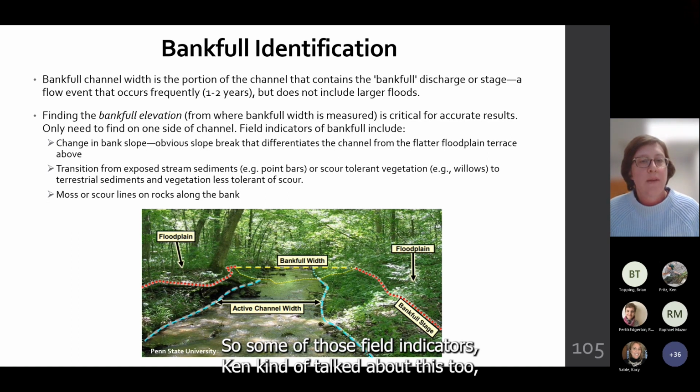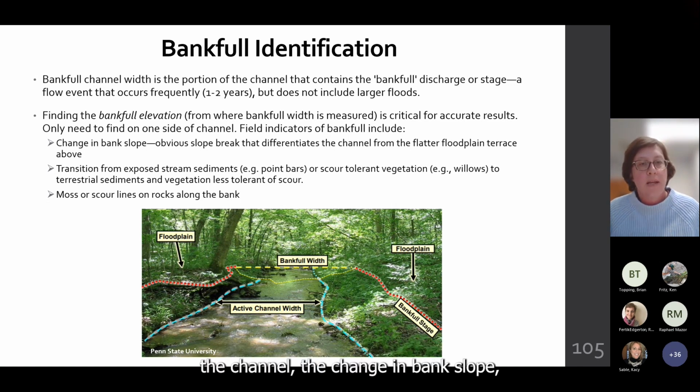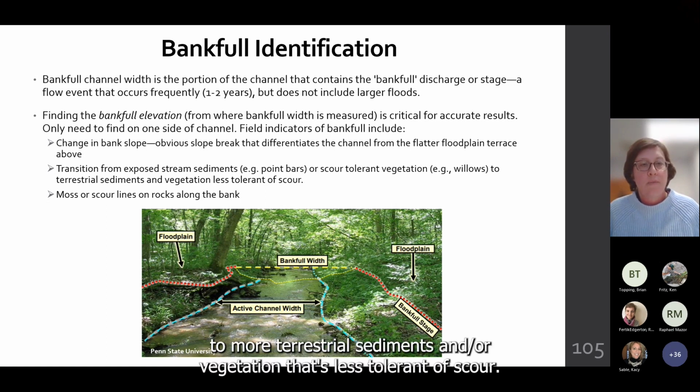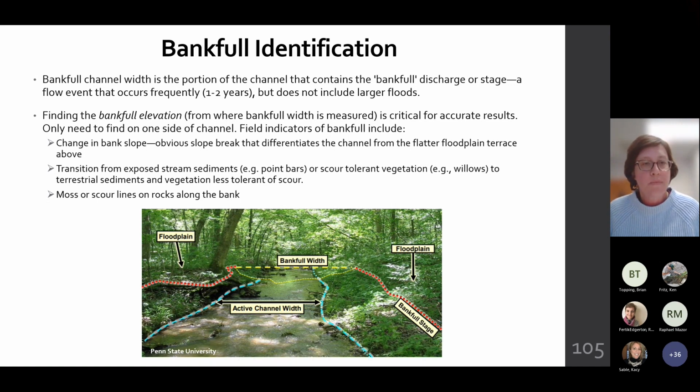So some of those field indicators, Ken kind of talked about this too: the change in bank slope, a transition from exposed stream sediments and scour tolerant vegetation to more terrestrial sediments or vegetation that's less tolerant of scour. You can have moss or scour lines on rocks along the bank.